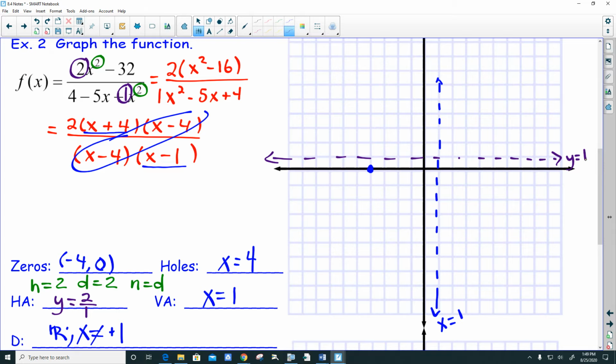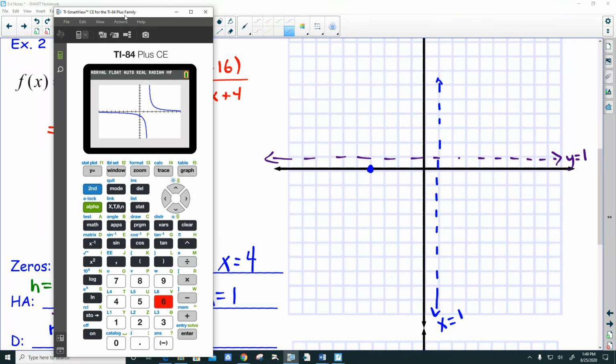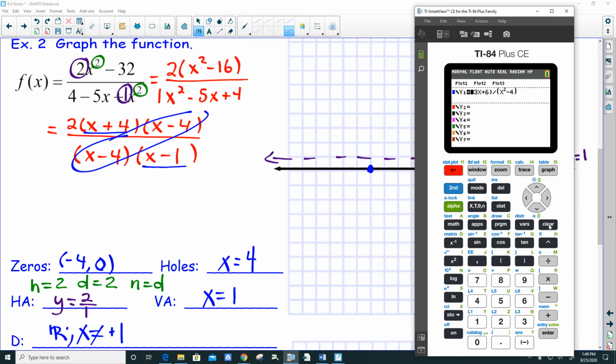And then we're down to our calculator here. So on the calculator, we will type this in, 2x squared minus 32 divided by, it doesn't have to be in descending order when you are typing this in, that was a plus x squared.